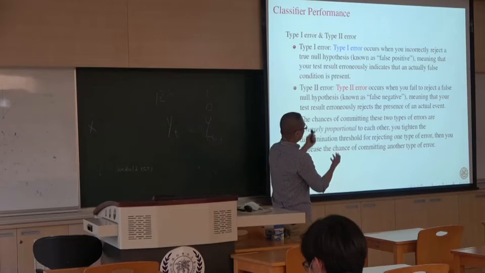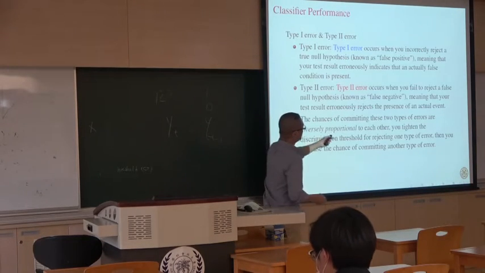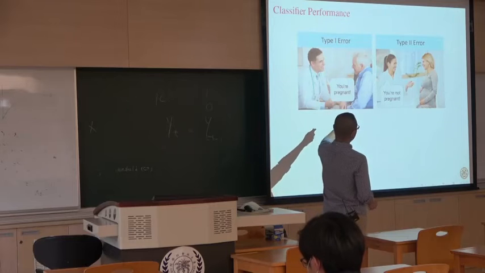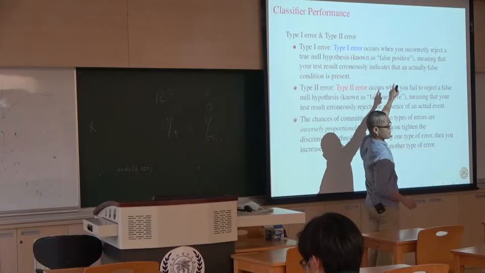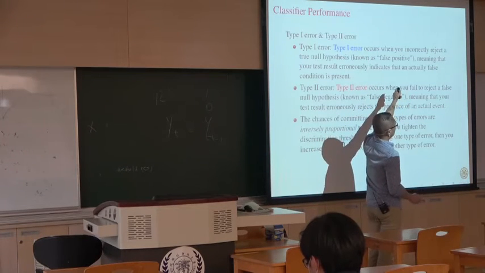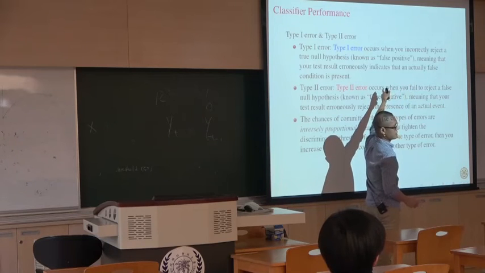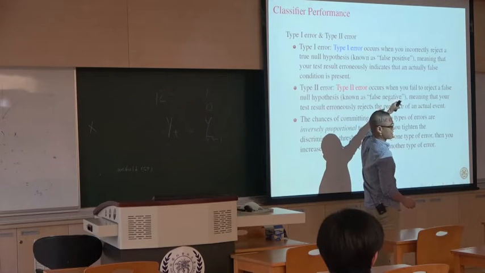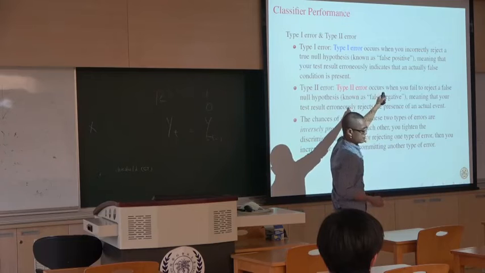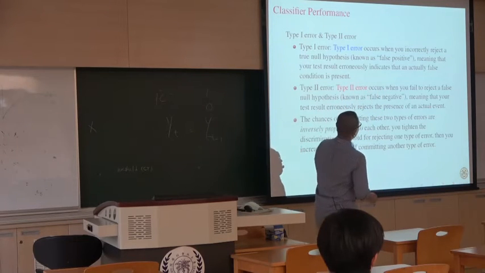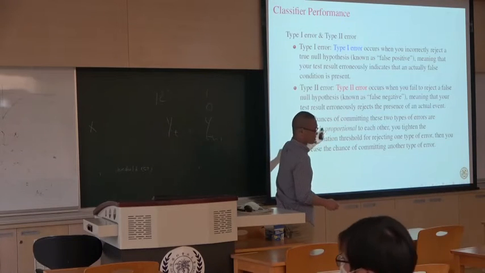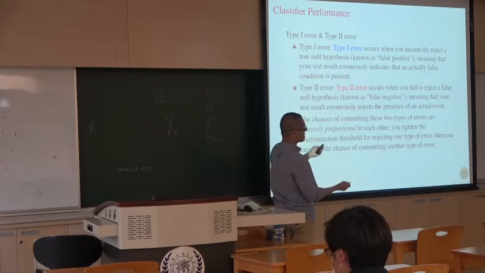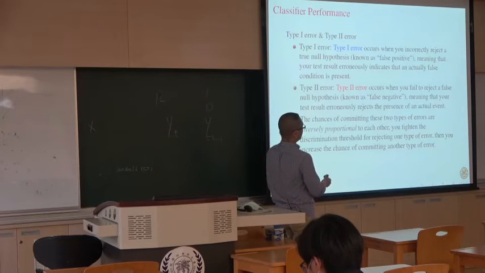So that could be type 1 error, meaning that your model predicts a positive outcome, but it's false. That's very intuitive, right? A false positive. You predict it to be positive, but the actual outcome is negative, meaning it is a true null hypothesis. But your model or your statement says the positive condition is present, while the true condition is negative. So that's called a false positive, called type 1 error.